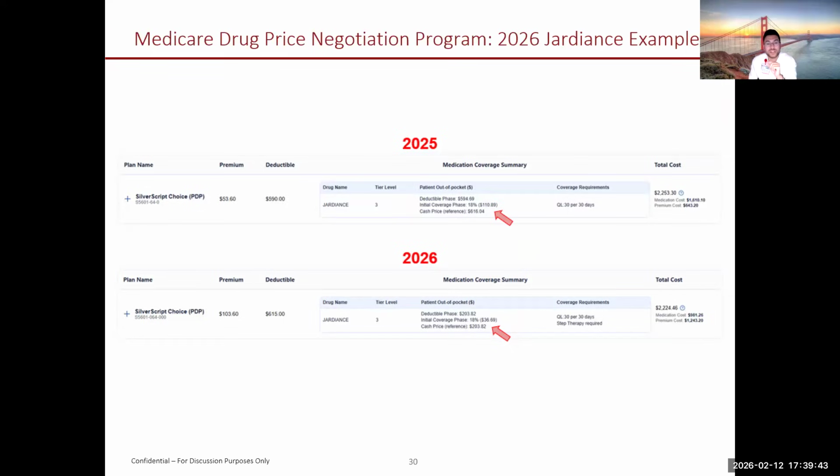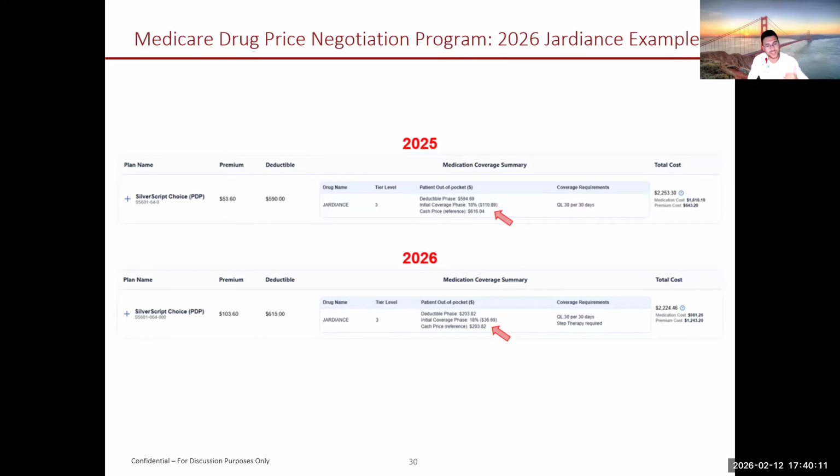The red arrow is pointing to the fact that last year, this drug under this plan had an 18% coinsurance, which cost $110 per month to fill after the deductible. This year is the same exact coverage, 18% coinsurance, but because the retail cost of the drug is down, it's only $37 per month.